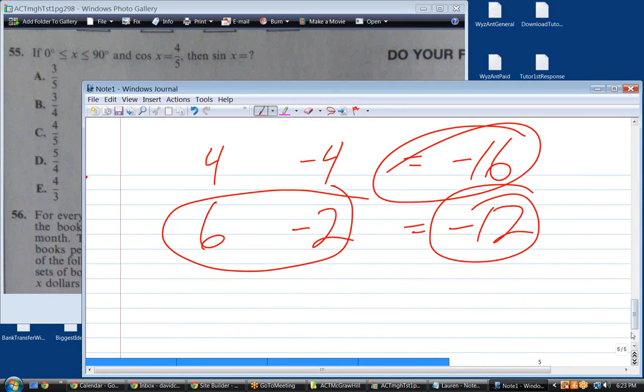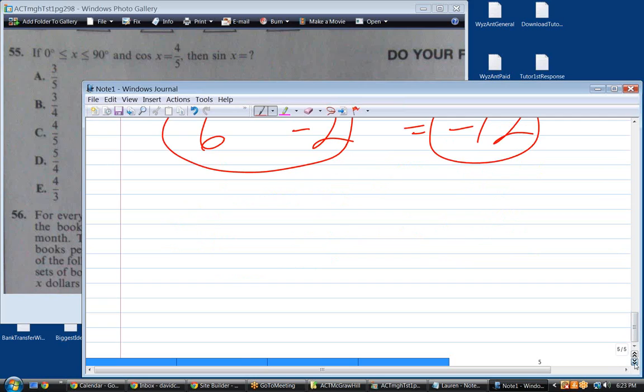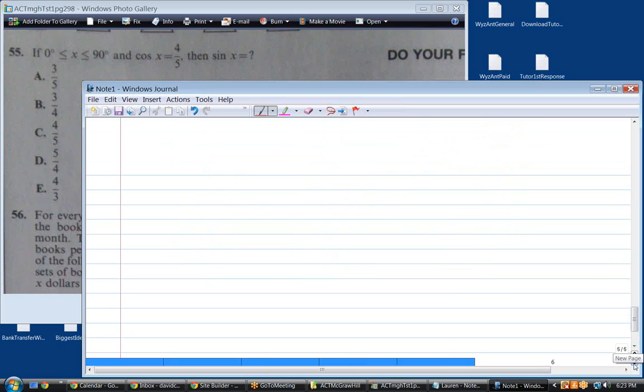Okay, here's a trig question. This is a classic trig question, perhaps the most classic, whether you were taking a trig class or the ACT test. How do we solve this problem?